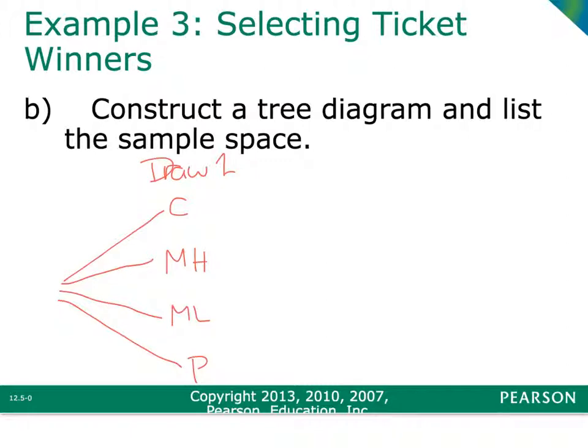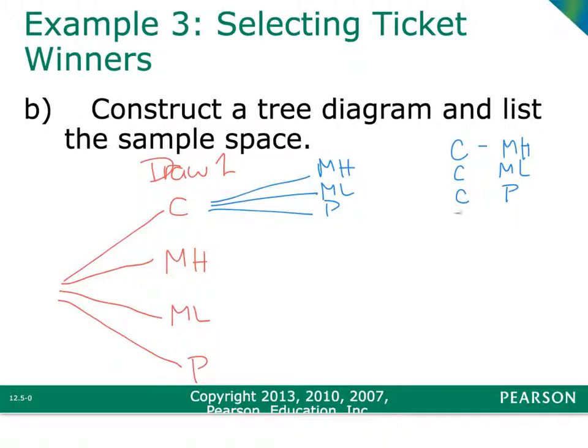What will happen on the second draw? Well, on the second draw, if Christine won first, then that leaves Mike H, Mike L, and Phyllis. So 3 possible combinations of winners could be Christine and Mike H, Christine and Mike L, Christine and Phyllis. There's your first 3 options.